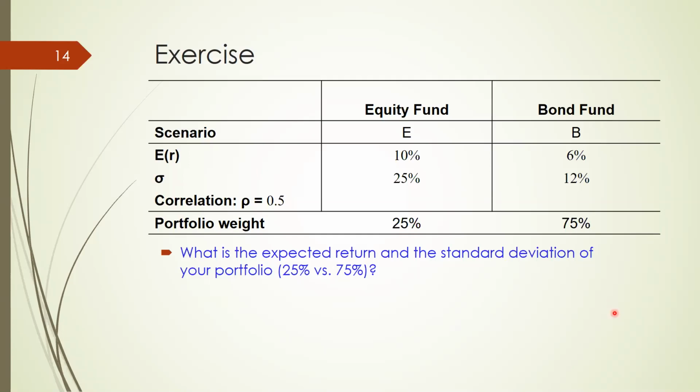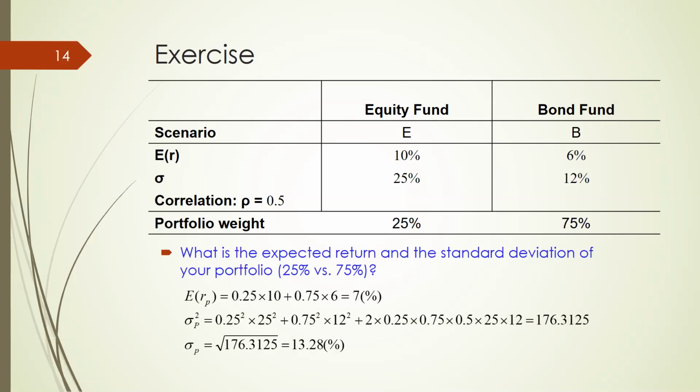In the second exercise, you are given a correlation coefficient equal to 0.5 and a different portfolio allocation, 25% versus 75%. By plugging the parameters into the same two equations, we'll have 7% as the expected return for the portfolio and 13.28% as the standard deviation of the portfolio.